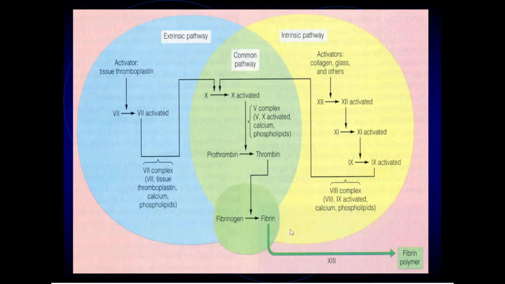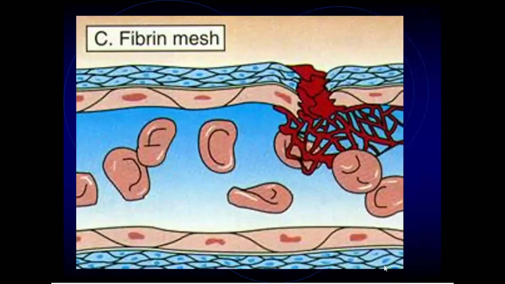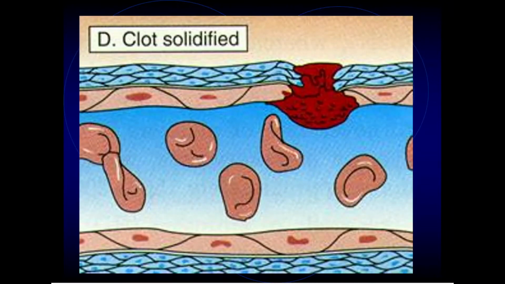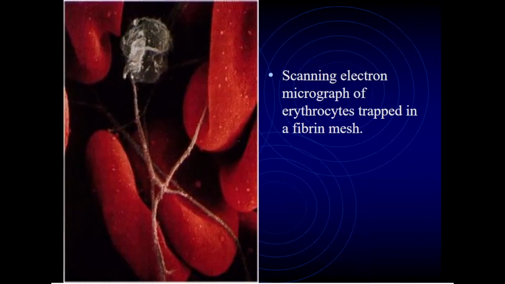Then fibrin polymerization takes place, soluble fibrin becomes insoluble fibrin, and the definitive hemostatic plug or fibrin clot is finally formed. Here you may see the electron micrograph of erythrocytes trapped in fibrin mesh in the process of fibrin clot formation.